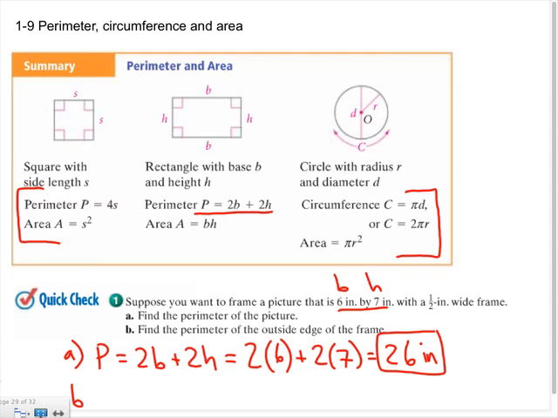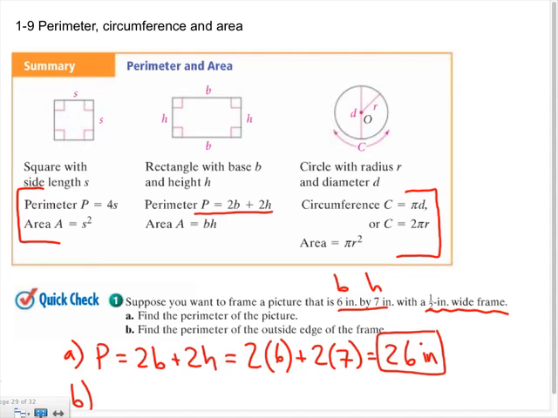Part B is a little bit more challenging. In Part B, we're asked to find the perimeter of the outside edge of the frame. Now in this case, we have to use this given information here, that the frame is 1/2 inch wide. So let's think about what that means.